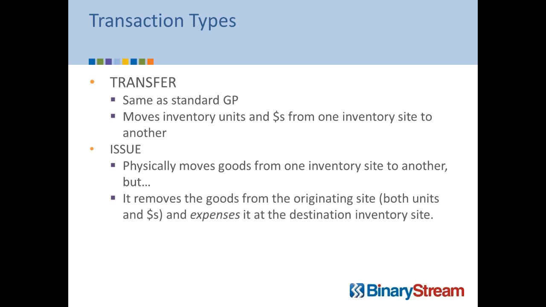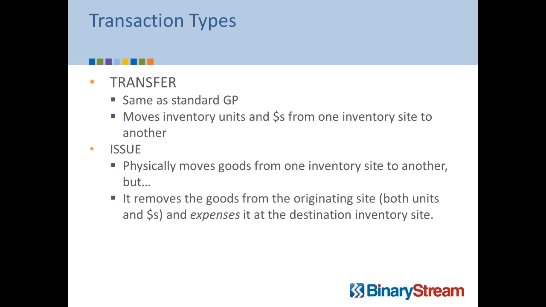Now, an issue transaction is something very, very specific to consumption-based supply chain. And that's the idea that goods will physically move from one inventory site to another. The difference now is that when we say move goods from central stores to a consumption site, it moves the goods from central stores in terms of both the units and the dollar amounts, but it expenses it immediately to the destination inventory site.